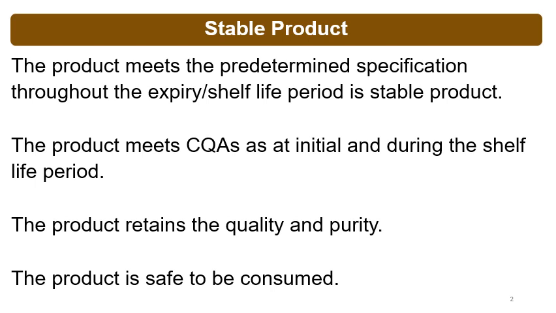Now after 6 months, after 1 year, after 2 years, it meets the predetermined specifications which were at the initial level. That time you can say that the product is stable. That means in simple words, the product is same as on the manufacturing date and the product is same at any time of the expiry period.